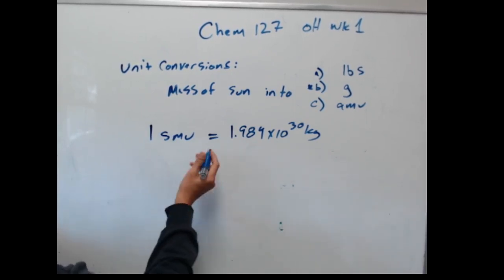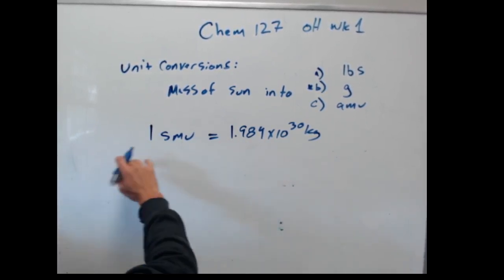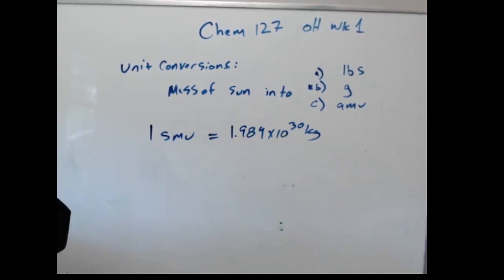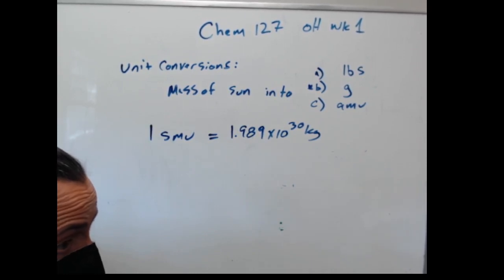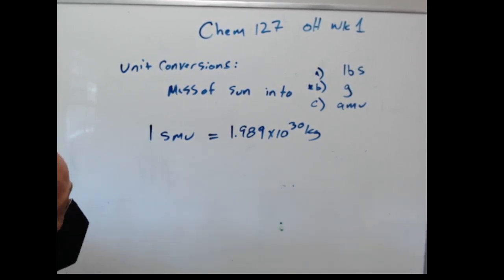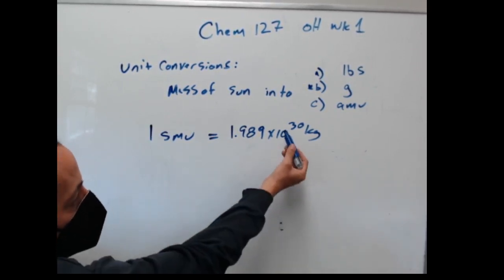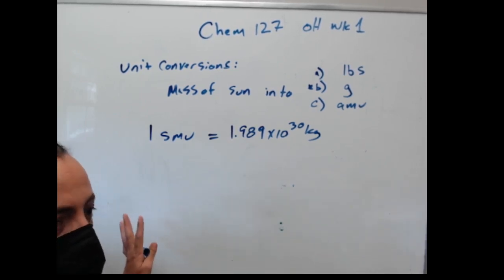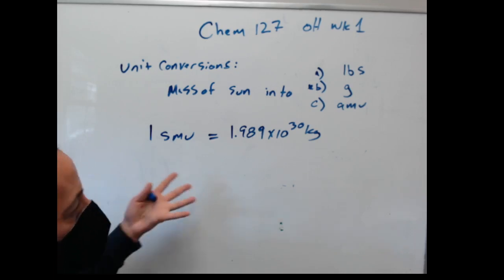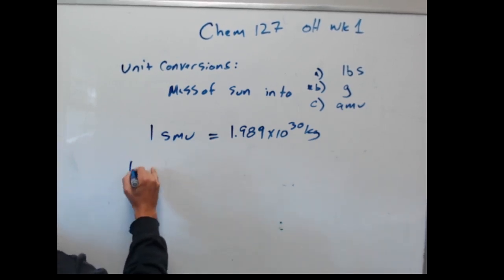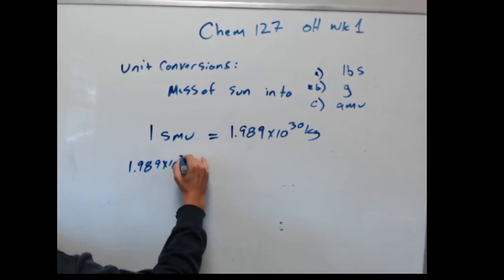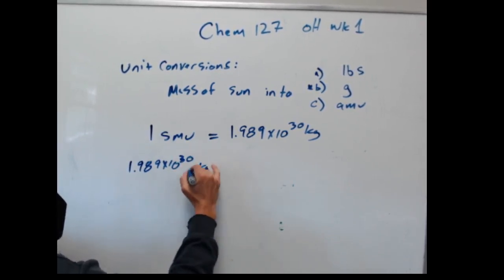The nice thing is I've got 1 SMU that's already equal to that, so 1 sun weighs 1.989 times 10 to the positive 30 kilograms. You'll notice a lot of times in chemistry, we've got negative exponents. So sometimes I'll say minus, and I'm like, oh wait, actually this one's positive, because it's unusual. But so we've got our 1.989 times 10 to the 30 kilograms.